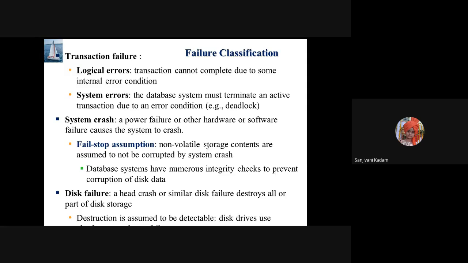So here we are learning about the fail stop assumption. The fail stop assumption means that whatever non-volatile storage is there is always preserved. For example, right now I'm using a laptop, and on the C drive I have installed my operating system. We know that there are two types of memories, RAM, ROM, etc. RAM is where my OS is getting loaded and whatever programs I open will be opened into RAM.